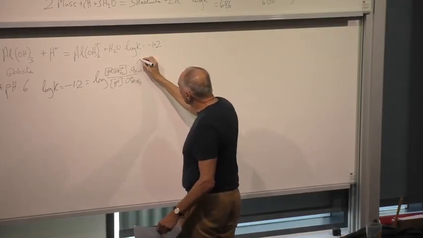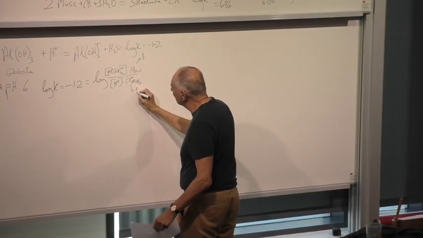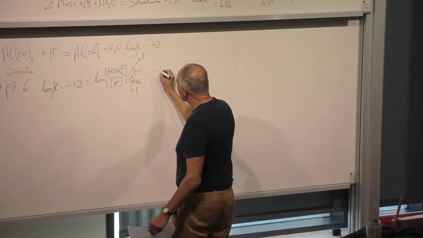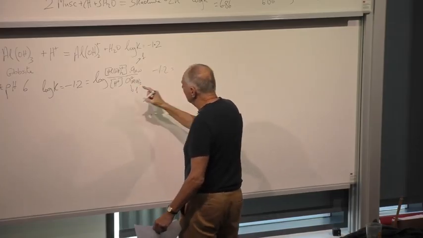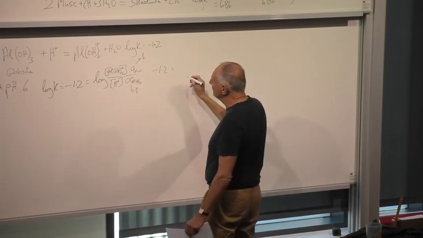We'll set these to 1, so water's pure and our gibbsite is pure. So minus 1.2, so let's set those to 1 and we separate out the hydrogen.